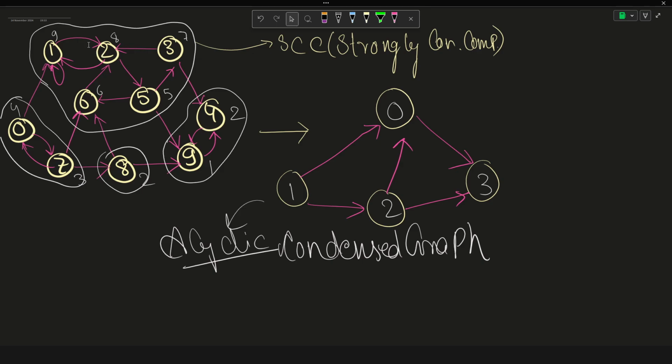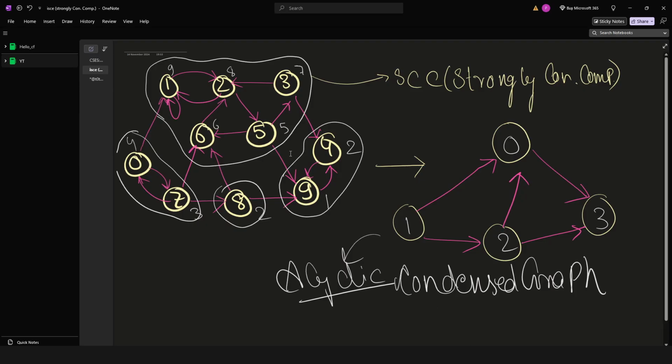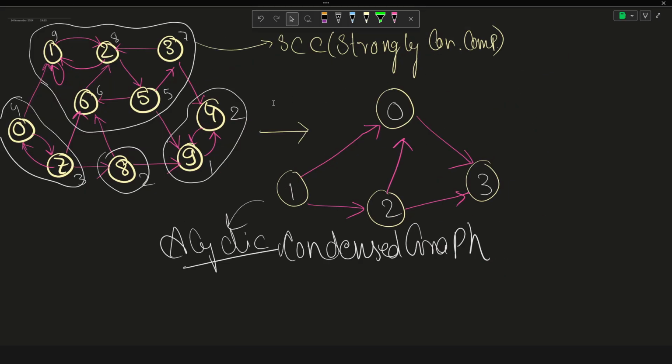So 1 and 2 are present in the same component. How will we realize this? We will realize this through these roots, because their ID will be the same. For both 1 and 2 the ID will be 0. So using that we will know that they belong to the same component. That means we don't need to draw an edge between them.